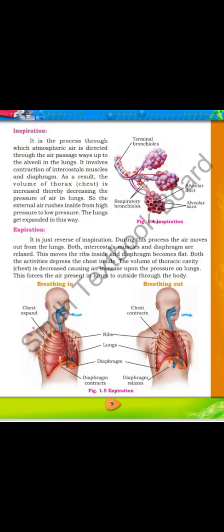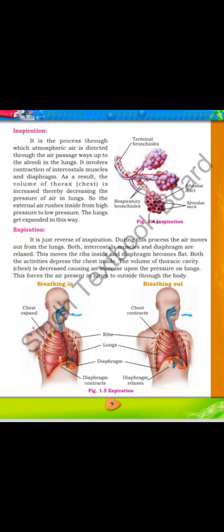As a result, the volume of thorax or chest is increased, decreasing the pressure of air in the lungs, so the external air rushes inside from high pressure to low pressure, and during inspiration the lungs get expanded in this way and the air gets inside the lungs for exchange of gases.